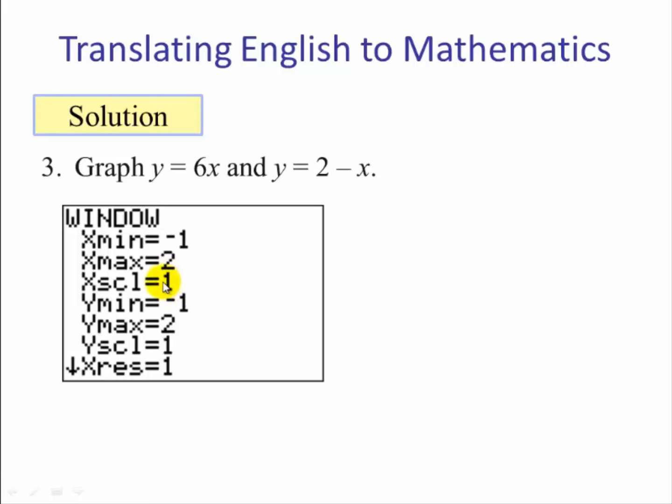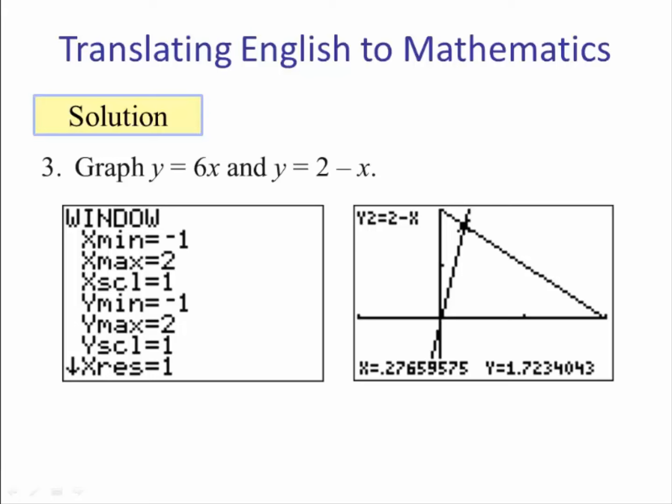Why did I pick these numbers? Because we believe x was about 0.29, so 0.29 is in between negative 1 and 2. And then if I change the corresponding y min and y max, I get this graph. And we see if we hit the trace button that x is approximately equal to 0.28.